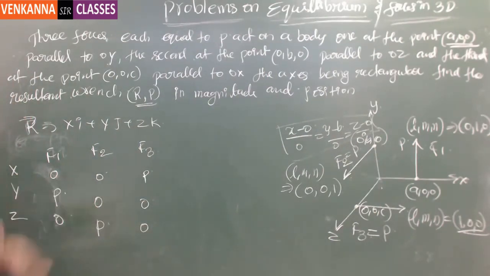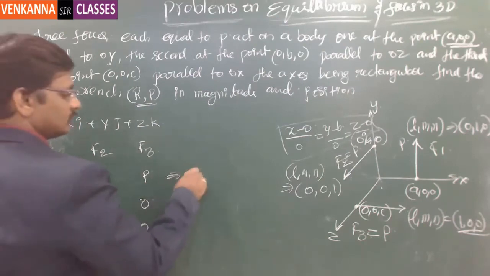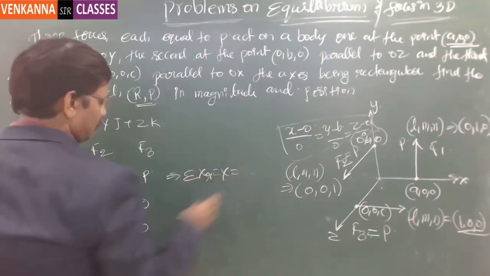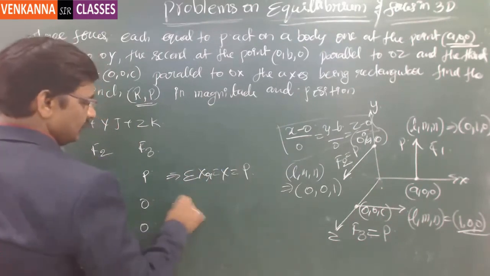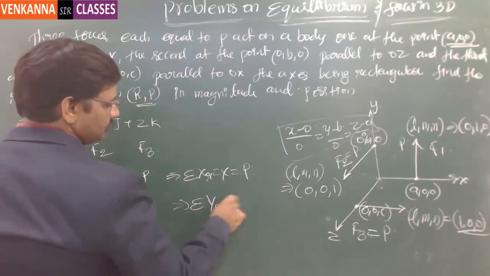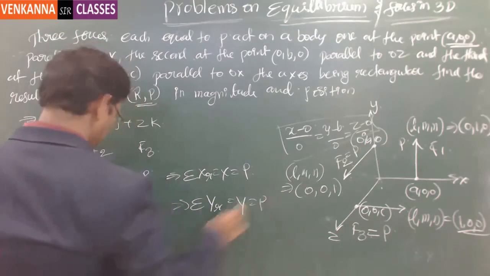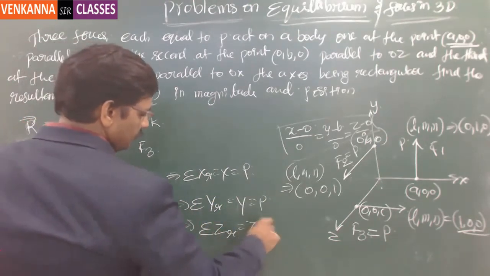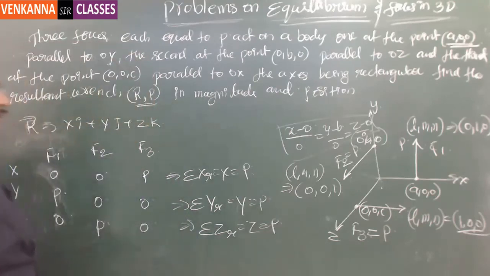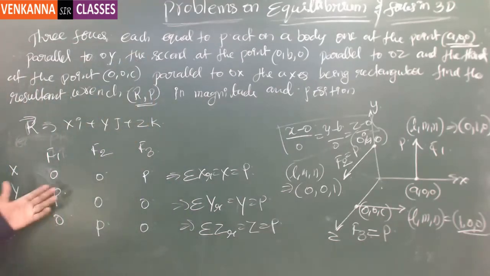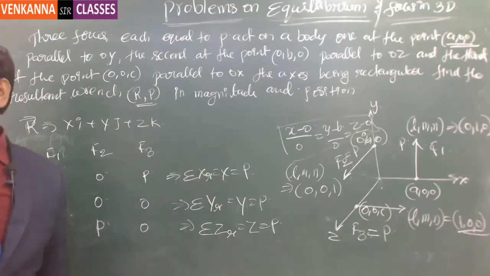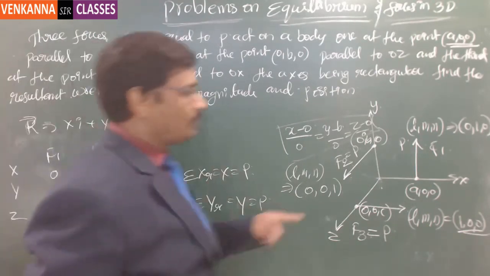Now the sum of all the forces together: sigma Xr = X = P, similarly sigma Yr = Y = P, and sigma Zr = Z = P. So the sums of the forces along the x-axis, y-axis and z-axis are each of magnitude P. You can make that out straight away.